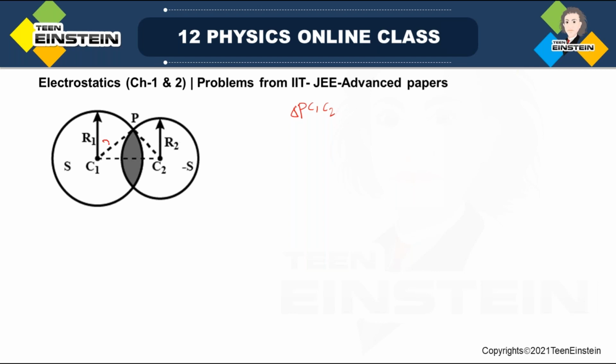This is position vector r1, so the position vector with respect to C1 is r1 for the point P, and the position vector of the point P with respect to C2 is r2, small r2.